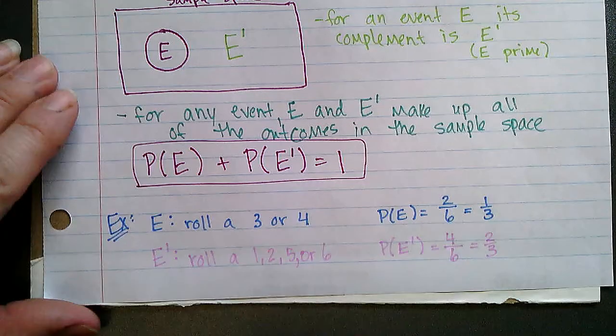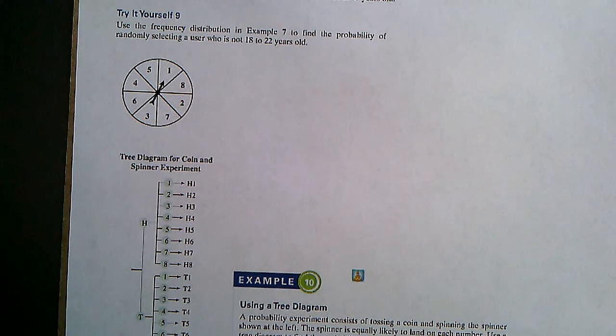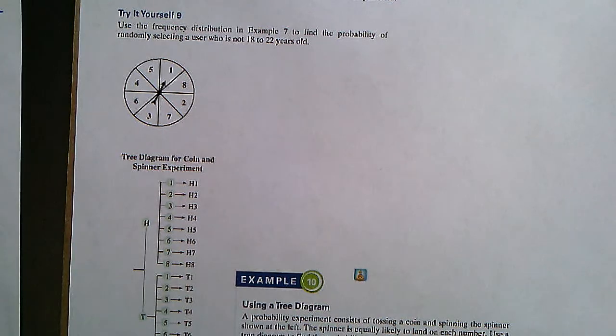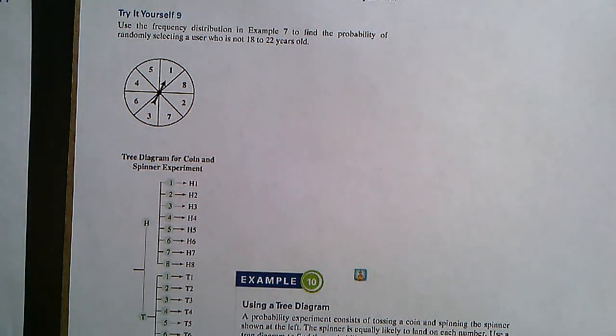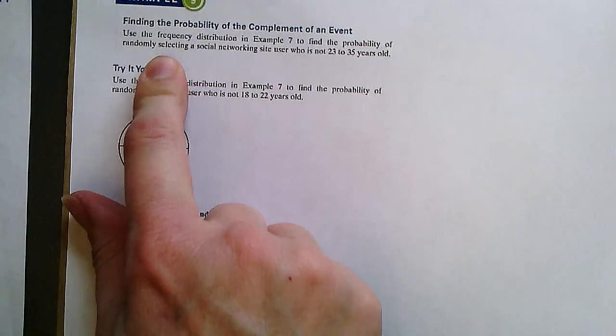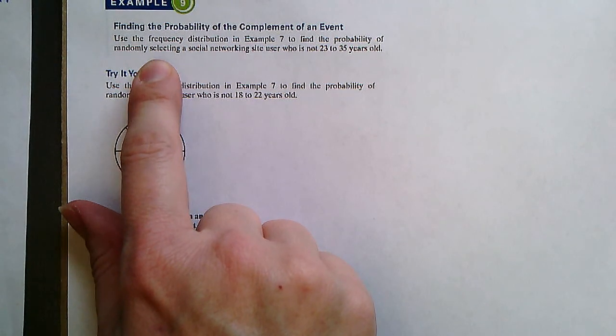So we can use this to our advantage. If we know the probability of an event happening, we can find the probability of its complement. But likewise, if we know the probability of the complement, then we can use it to find the probability of an outcome. So we're going to start here, finding the probability of the complement of an event.